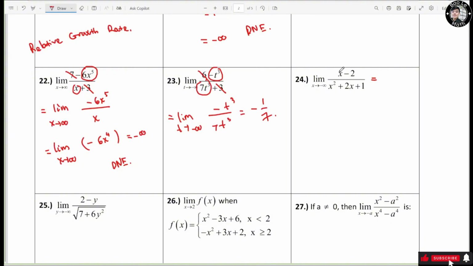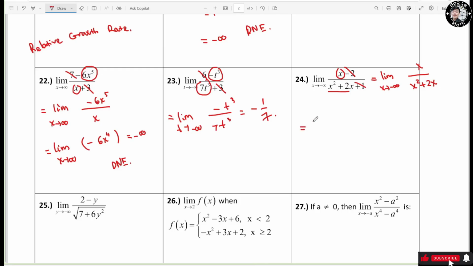So this guy grows faster than this guy, we just ignore this. These two guys right here grow faster than this guy, we just ignore this, right? So it could be limit when s approaches negative infinity of s over s squared plus 2s, right? Then we just factor s out and we simplify, right?